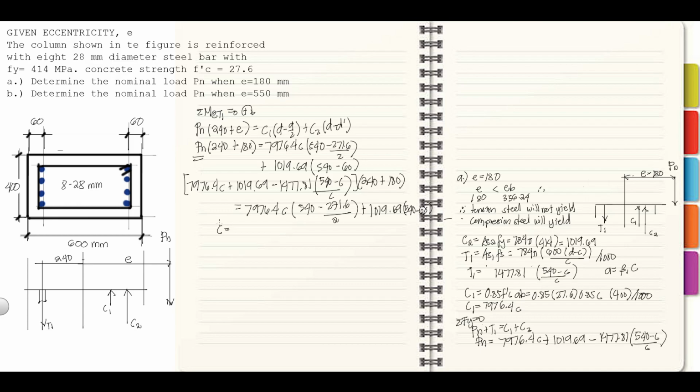Alright? Dito sa part na to, class, as you can see, this is not 271.6 here. So this is the balance pala. So this must be A. So this is 0.85 C. Dapat yan. Okay?